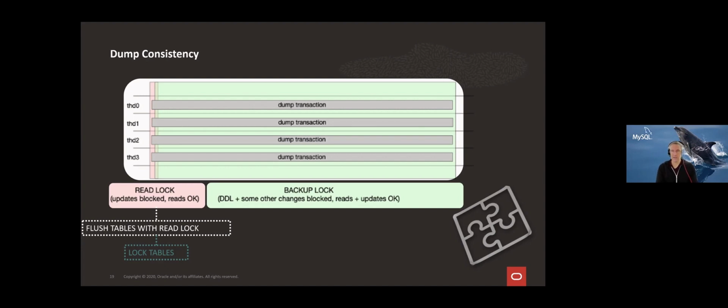But the nice thing is that MySQL 8 has been developed to remove a lot of those locks. If you're on RDS 8.0, then for a very short amount of time, at the time that we create all of the threads that are going to be dumping, and the time that they connect to the RDS instance, each thread is going to run a command called backup lock.